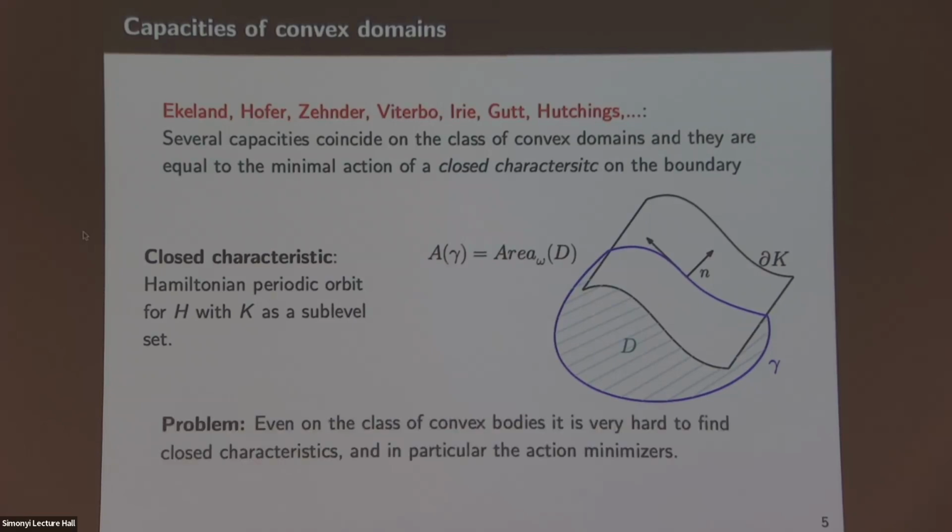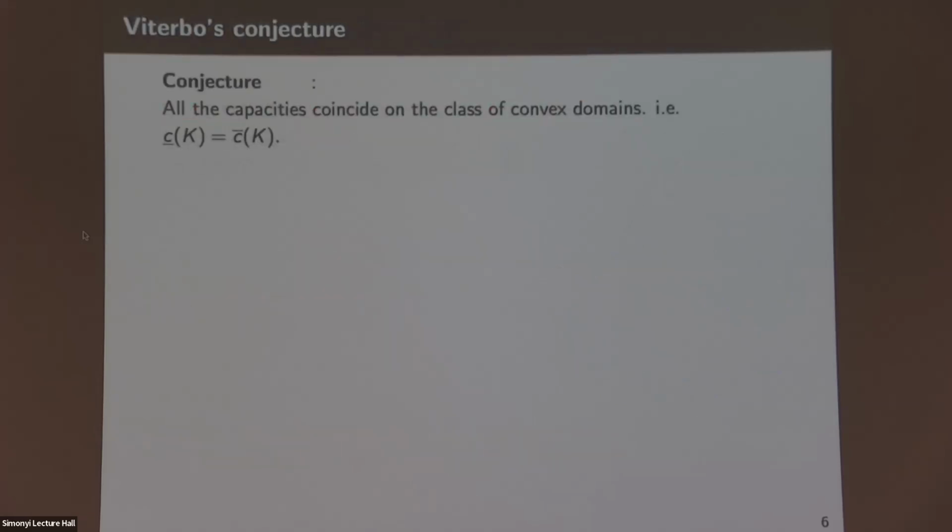Even though this is a somewhat simpler, specific case, it's still very hard, and there is a lot unknown. One of the questions here is whether there is actually only one symplectic capacity on convex domains.